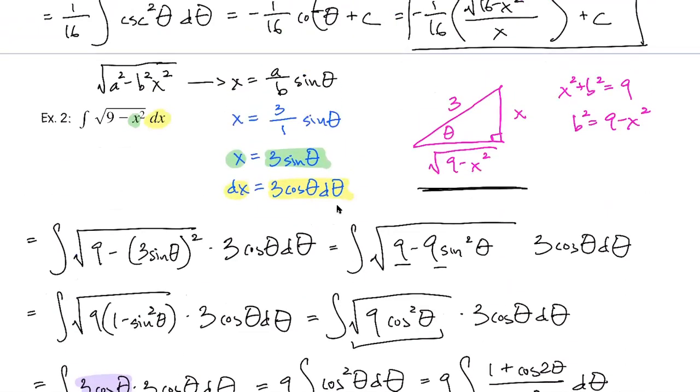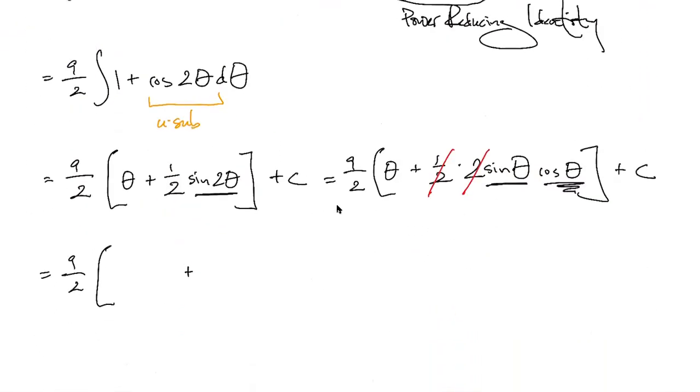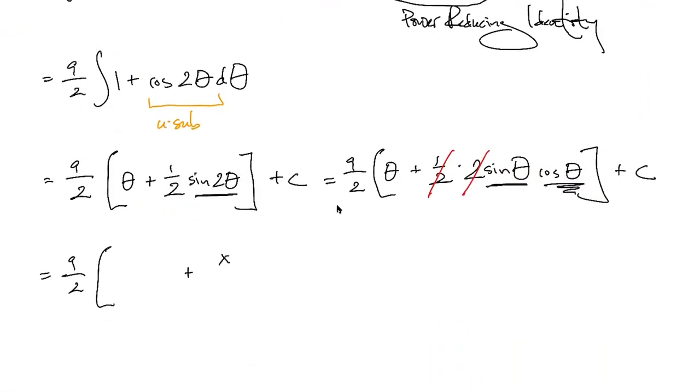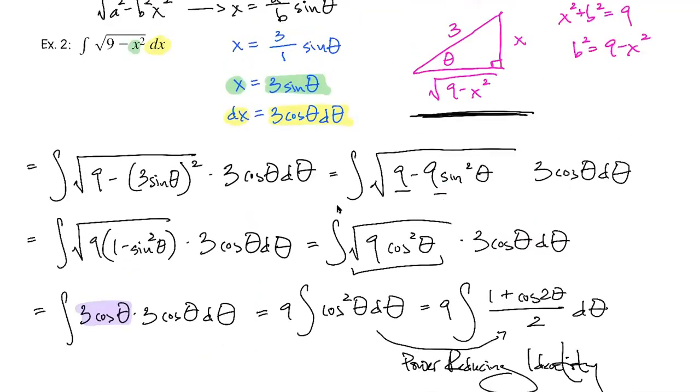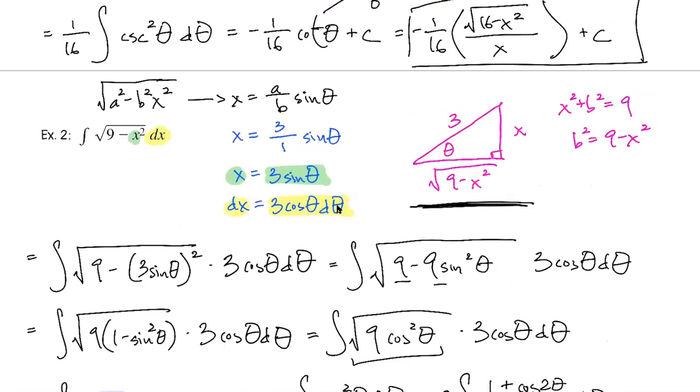So according to this triangle, we can say sine theta is x over 3, or opposite over hypotenuse. So x over 3 is the sine. Times, if we go back up to the triangle, cosine of theta is going to be the square root of 9 minus x squared over 3.